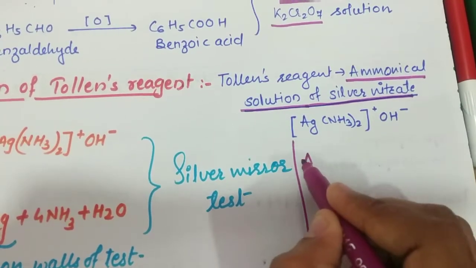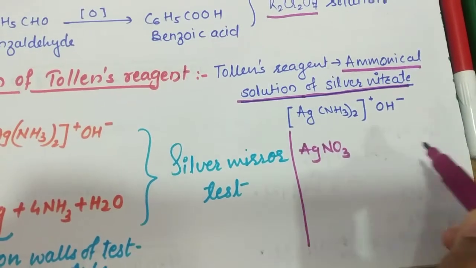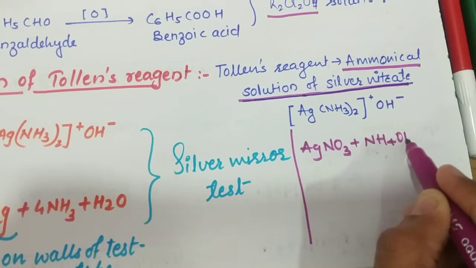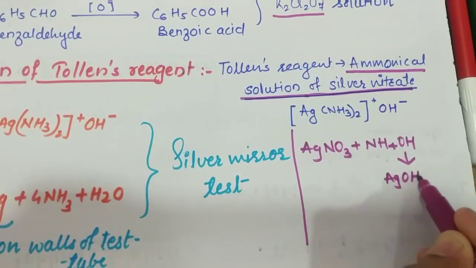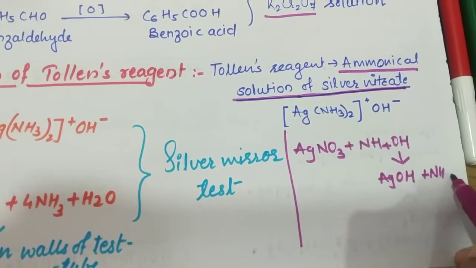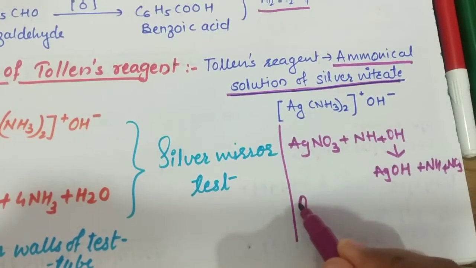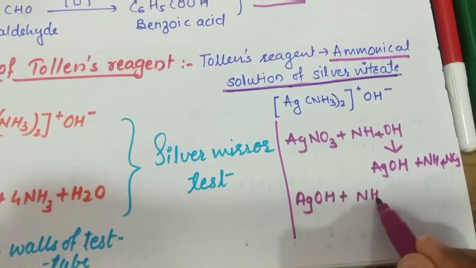If I have AgNO3, it means silver nitrate. When silver nitrate reacts with ammonium hydroxide, AgOH is formed, and at the same time NH4NO3 is formed.